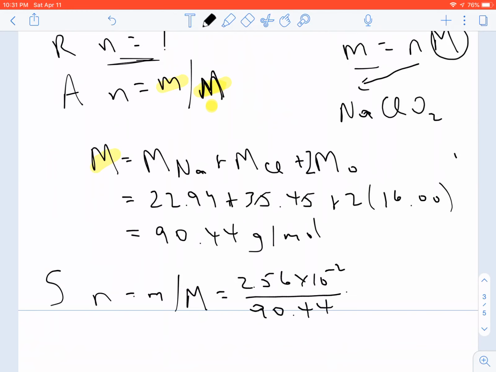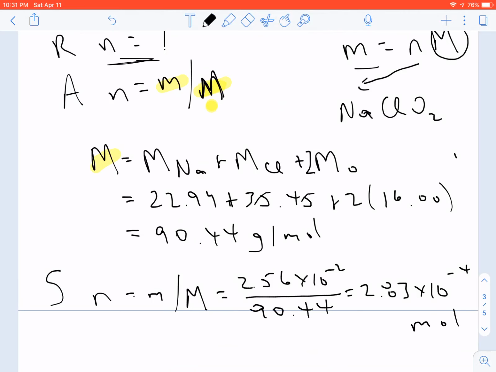And my answer turns out to be 2.83 times 10 to the power of negative 4 moles. Okay, and that's my answer. Right, 2.83 times 10 to the minus 4 moles.